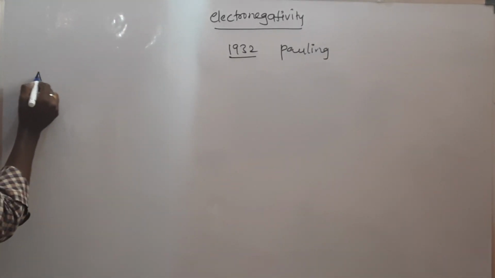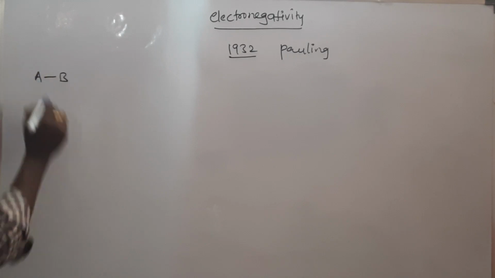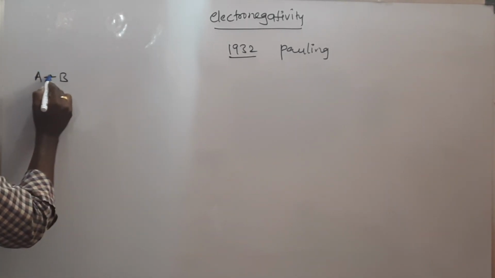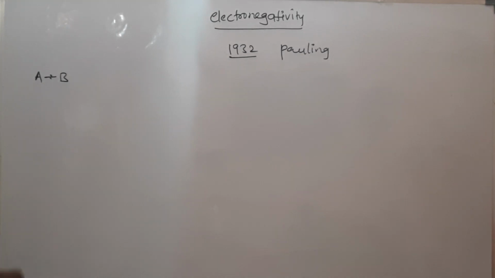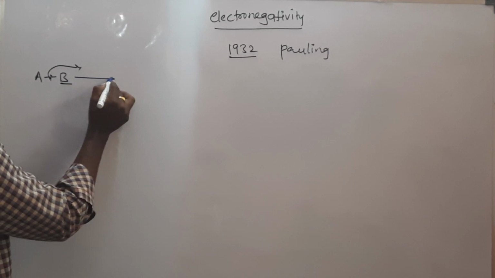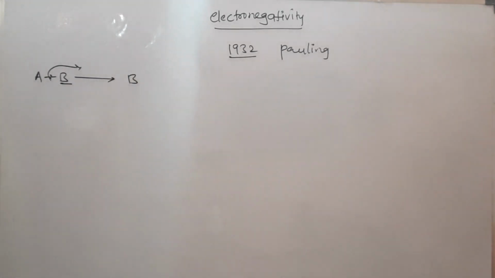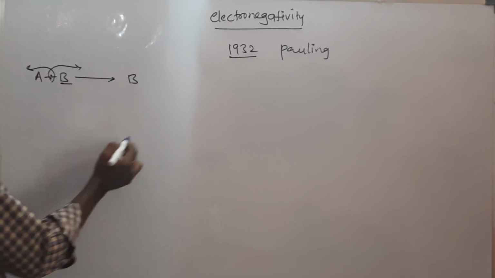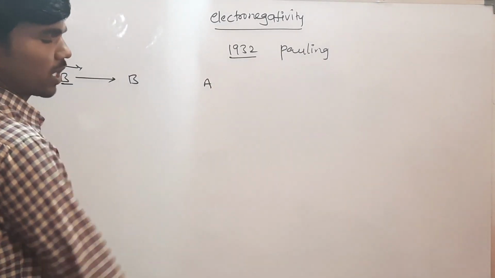For example, a bond is formed in between A and B. To form a bond, we need two electrons. If these two electrons are attracted by B, then we can say that B is more electronegative. If A is attracting electrons towards itself, then we can say that A is more electronegative.